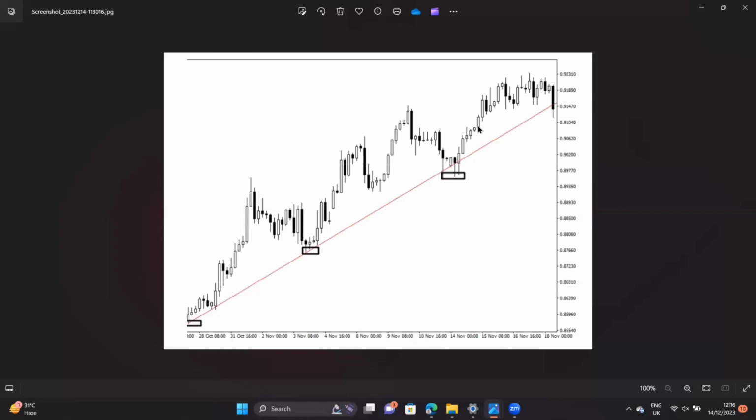Like we mentioned, the first thing you must do is find the previous swing point, either support or resistance, and try to find trend lines as well.